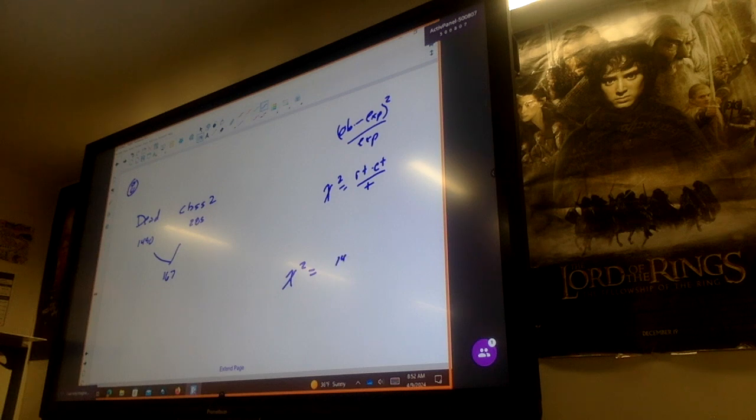So 1490 times the column total, 285, divided by the total, 2201. 1490 times 285, divided by 2201. So we're getting this.